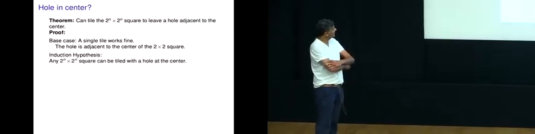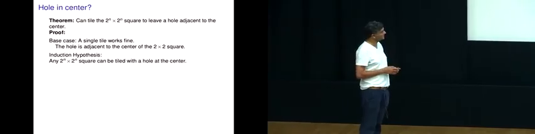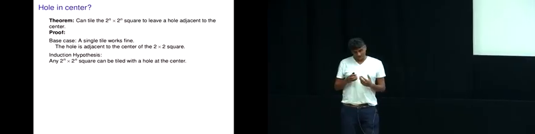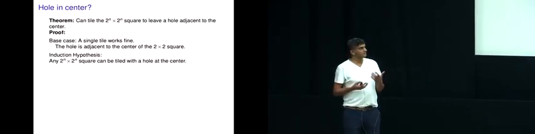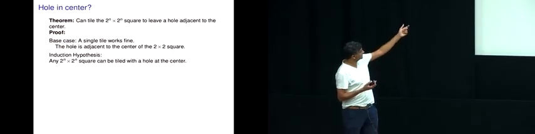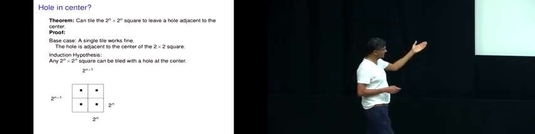Now the induction hypothesis is that any 2 to the n by 2 to the n square can be tiled with a hole at the center. Now the induction step, it's all set up for induction, right? You have 2 to the n plus 1 by 2 to the n plus 1, and you know something about 2 to the n by 2 to the n. So what you get is this picture.